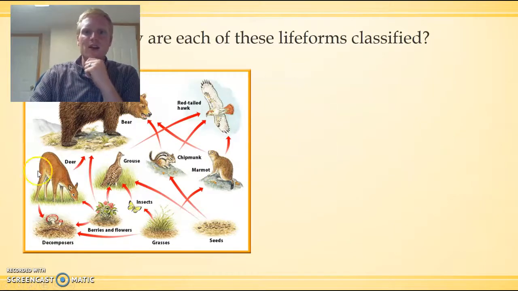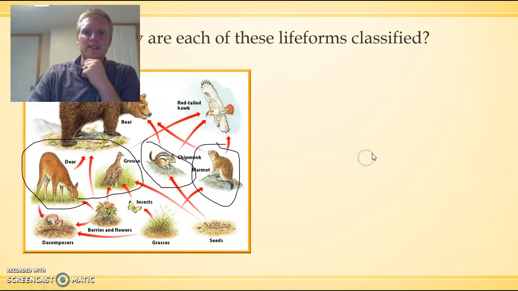So moving on to how these life forms are classified. Let's talk about these consumers right here: our deer, our grouse, our chipmunk, our marmot. These are all the consumers that eat these producers that are producing this glucose, this sugar.